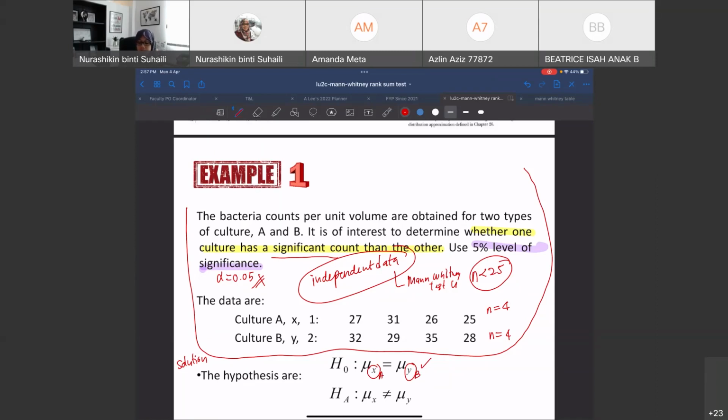Instead of saying X and Y, you can also put A or B, based on the problem. And because of this statement, significant count than the other, you can use this symbol. It is actually a two-sided test, so not equal to. Okay, so that's the hypothesis.